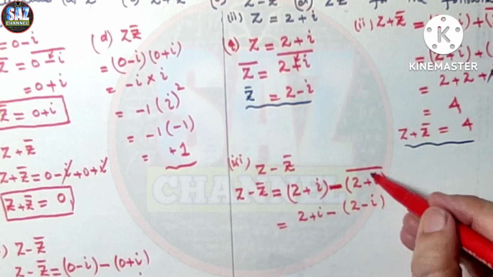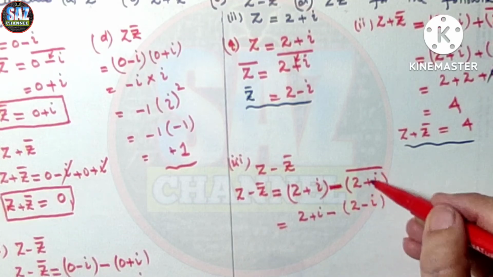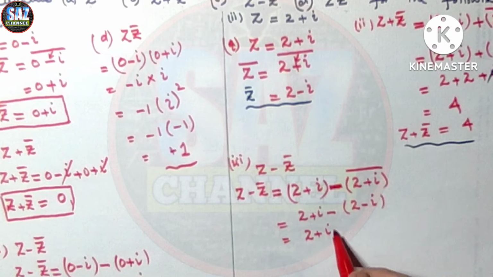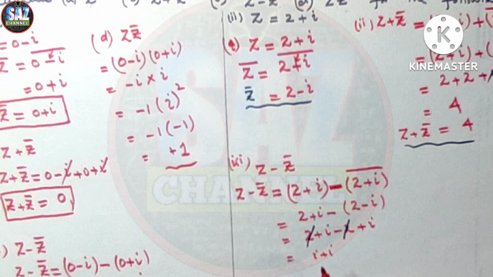The role of this bar will be coming along the imaginary part. Now 2 plus iota minus 2 plus iota. Look, this 2 goes with 2, and I am left with iota plus iota, or 2 iota. So, z minus z bar will be equal to 2 iota, and let me underline this answer.